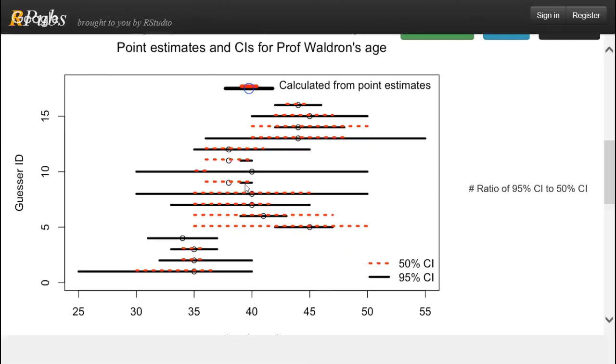There's some other ones here. This one has a couple of issues. One is that the 95% confidence interval doesn't contain the point estimate, and the other one is that the 95% confidence interval is smaller than the 50% confidence interval.